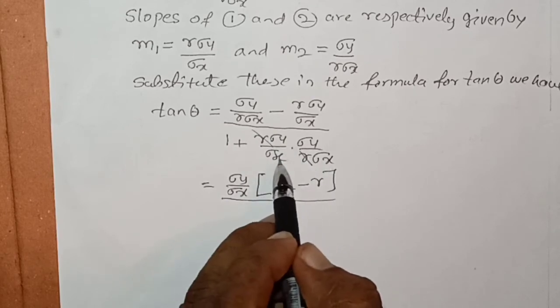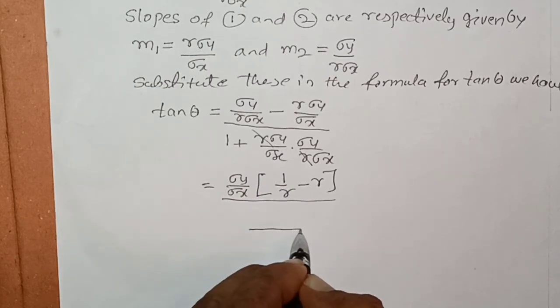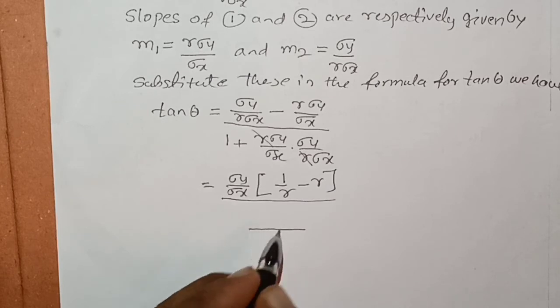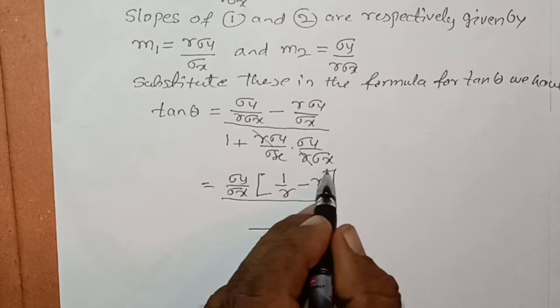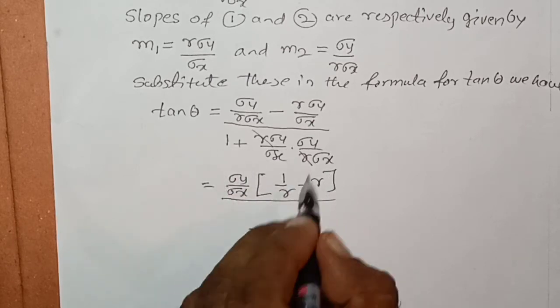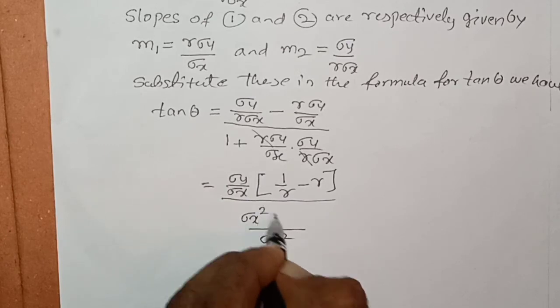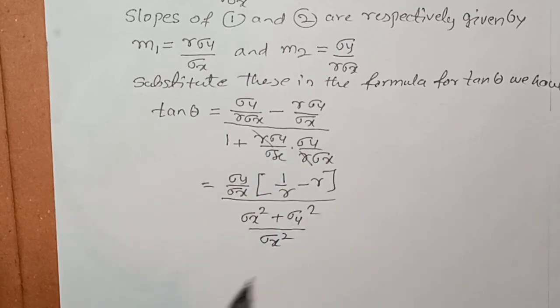What is the LCM? Standard deviation of x square, so it becomes standard deviation of x square plus standard deviation of y square.